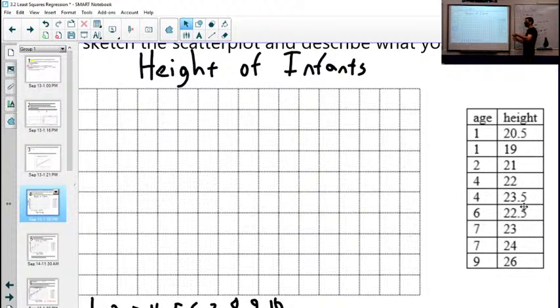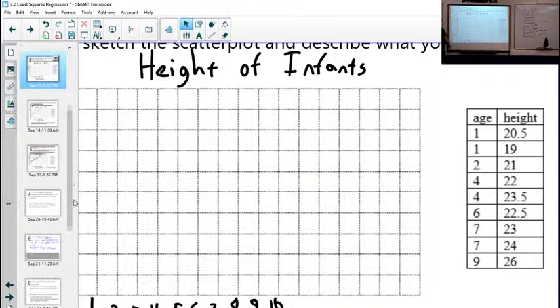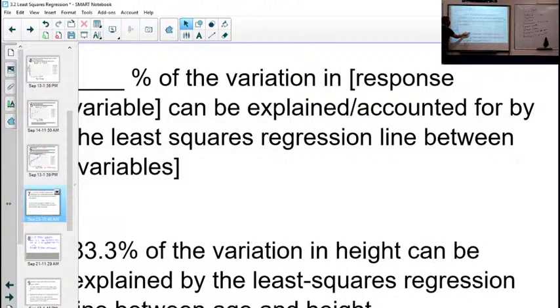It's another measurement of strength, and it is saying how much of the variation in y can be explained by the line.